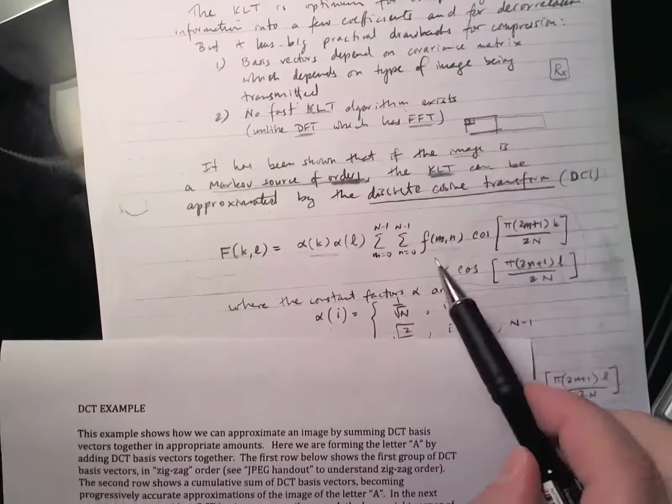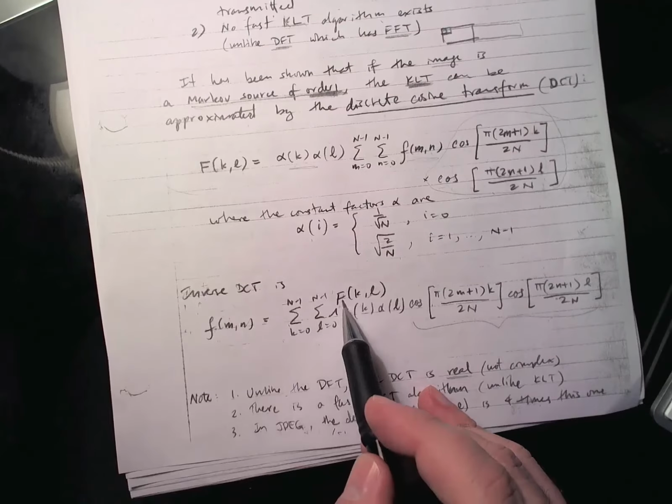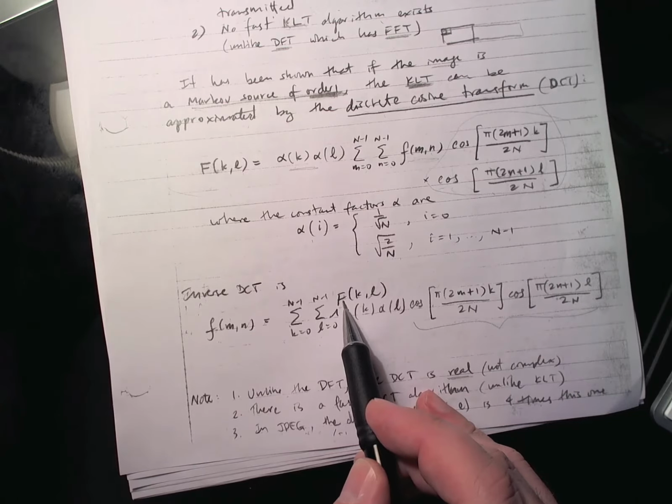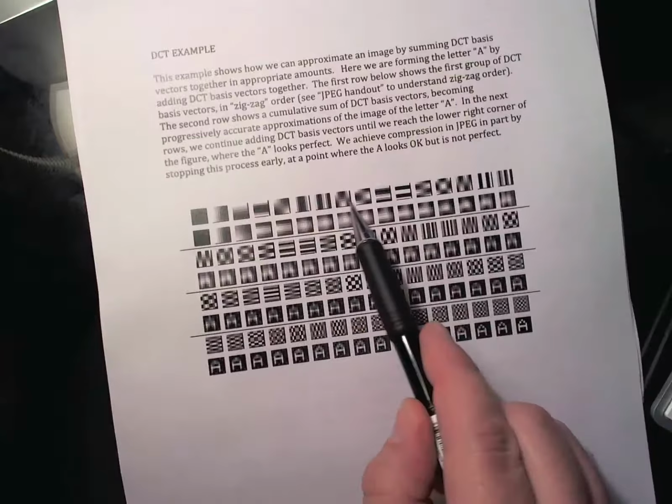And the amounts are the transform coefficients. So it's just like you would do in a DFT. Same idea. It's just that the functions you're adding together are different. They're these cosine functions. So here they are.